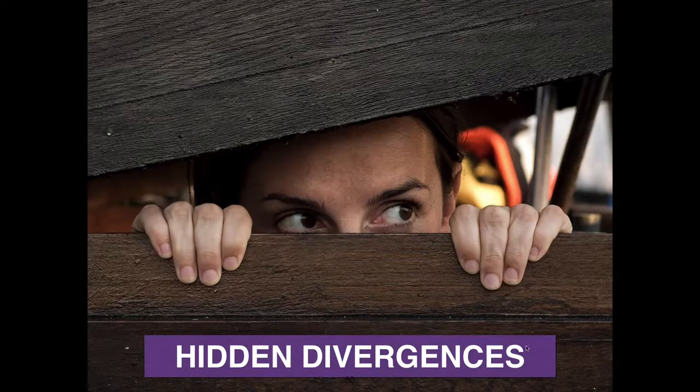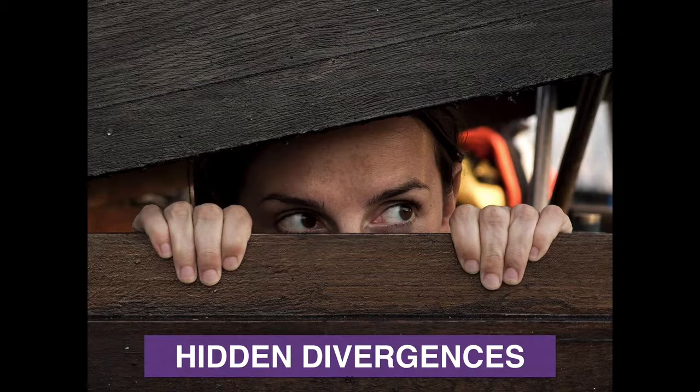Now let's talk about hidden divergences. So what is the difference? Regular divergences signal reversal of a trend. Hidden divergences signal the continuation of a trend. So you have to consider the existing trend. If your existing trend is bullish, a bullish hidden divergence tells you that the uptrend will continue.